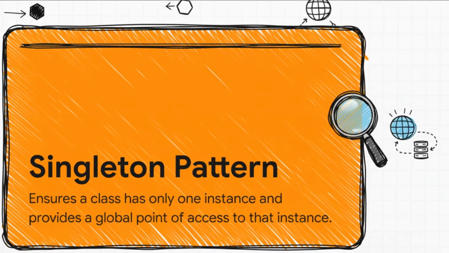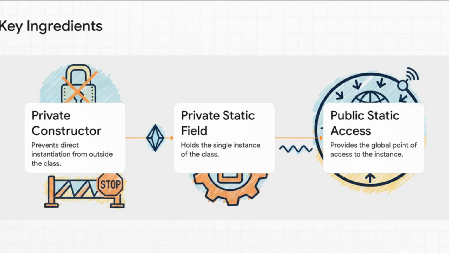Now, if we want to get all formal about it, the textbook definition calls it a creational pattern, but what that really means is that it does two very specific jobs. First, it absolutely guarantees that a class will have one and only one instance. And second, it gives you a single global door to knock on to get access to that instance. So how does it pull off this magic trick? It all comes down to a simple 3-ingredient recipe.